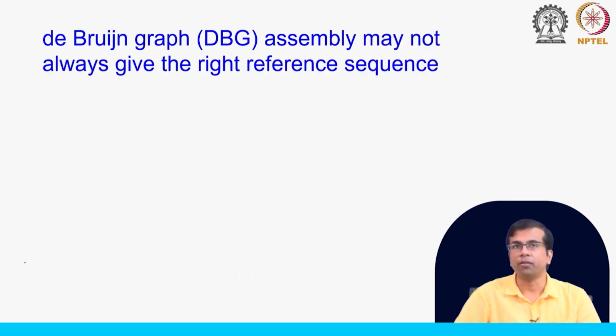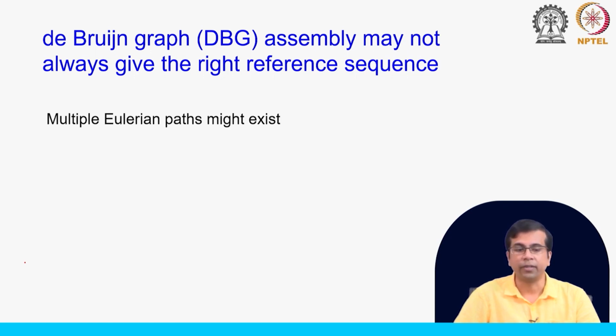So, what we will illustrate today is that De Bruijn graph assembly may not always give the right reference sequence, and we will start with the same example that we talked about in the last class. Why would this happen? Why would you not get the right reference sequence? Because in a graph that satisfies all the criteria, there might be multiple paths.